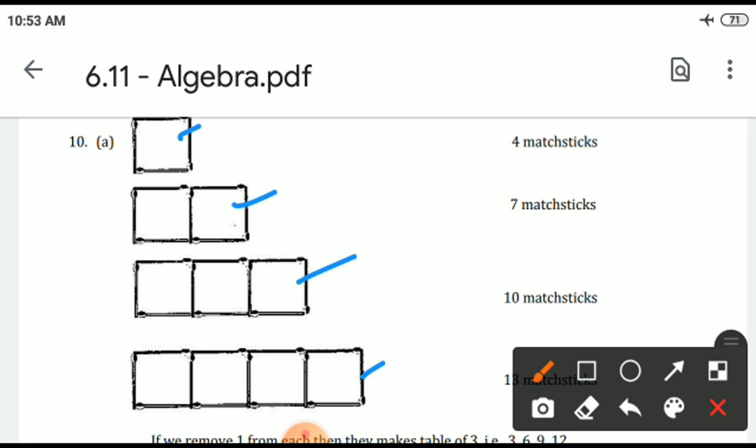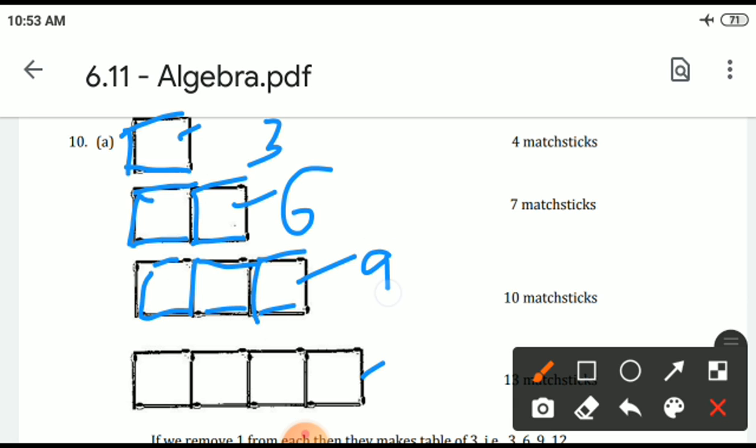How many are left now? 1, 2 and 3. So here 3. Count it here: 1, 2, 3, 4, 5, 6. Here 3, then here also 3, that is 6. Here also 3, that is 9. By removing this one, cut it.